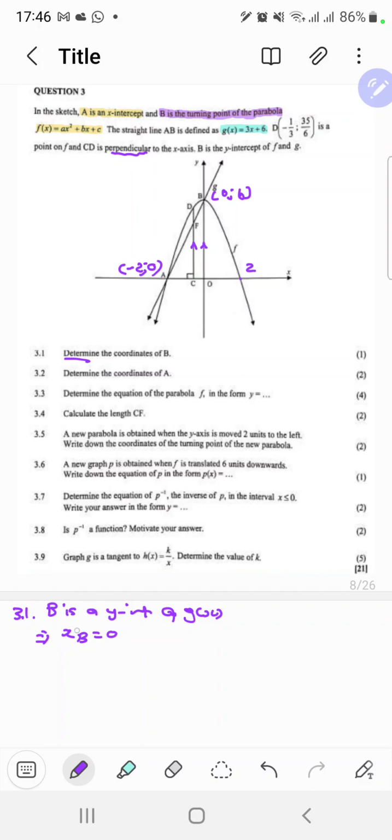And then, of course, this is such that g at 0 is going to be equal to 3 into 0 plus 6, which is just 6. Okay, we can say therefore B is that point 0 and 6.